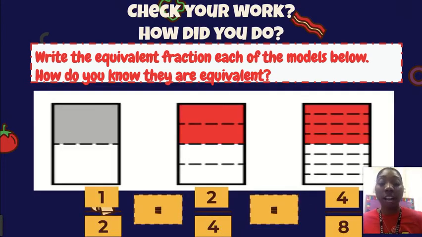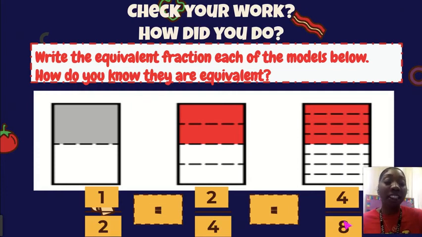So now let's look at our next one. We know that there is 1 shaded out of 1, 2 parts. So that fraction is 1/2. And then we have 1, 2 shaded out of 1, 2, 3, 4 parts. So that fraction is 2/4. And then we have 1, 2, 3, 4 shaded out of 1, 2, 3, 4, 5, 6, 7, 8 parts total to make up the whole.